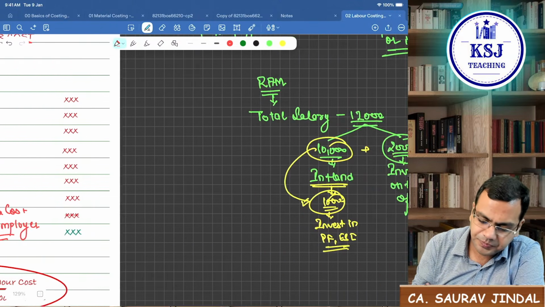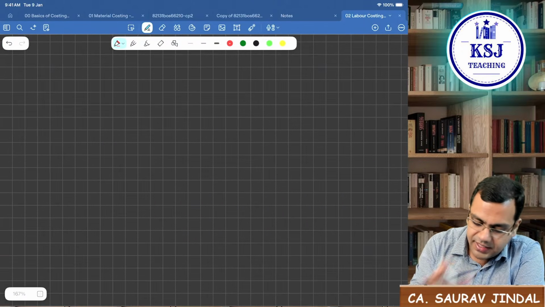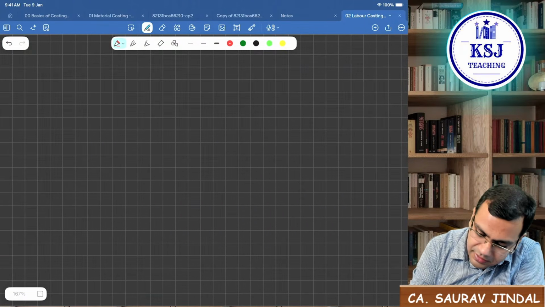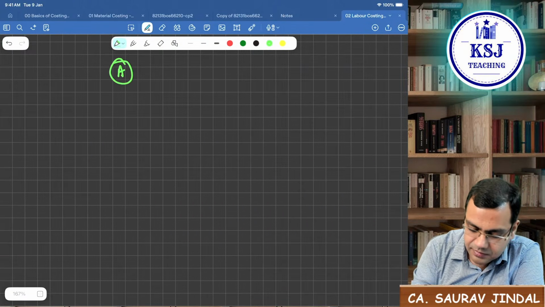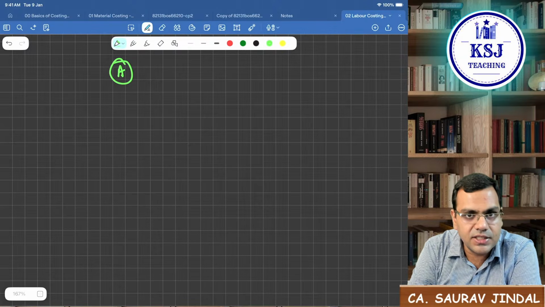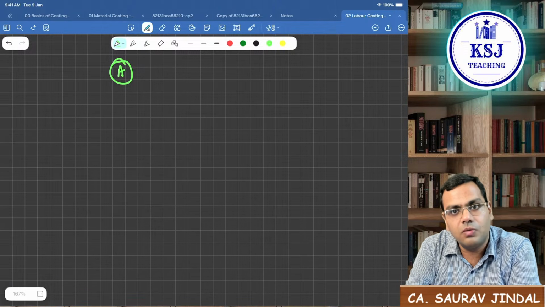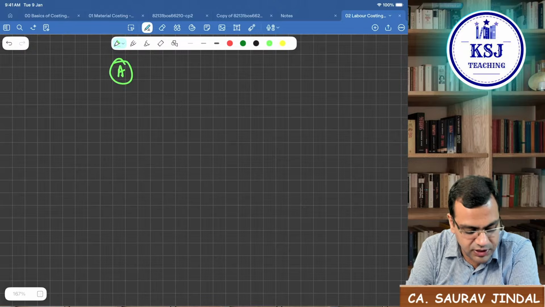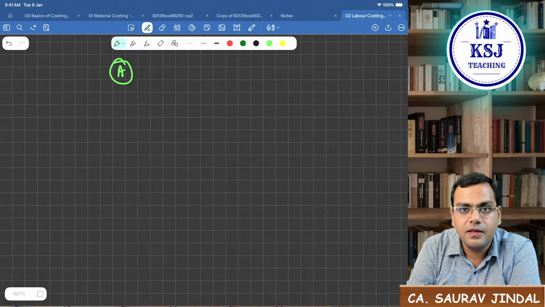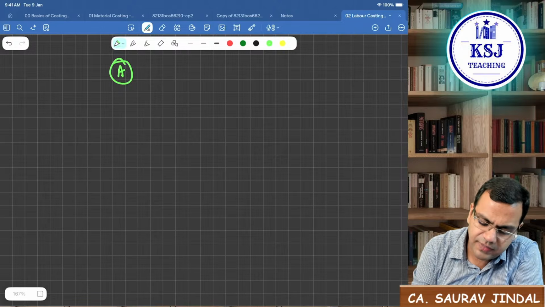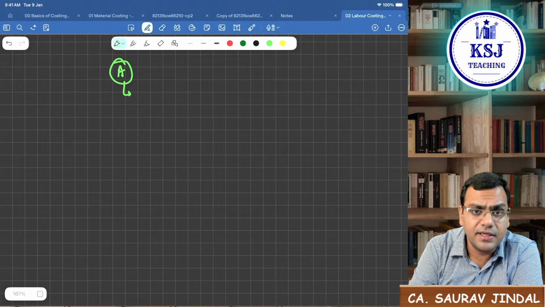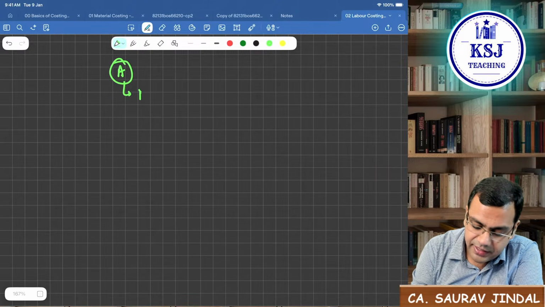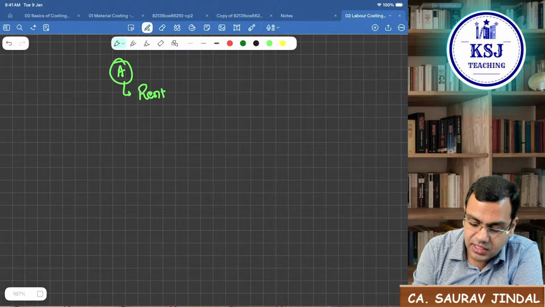Now, one thing. There is an employee A. He is from an outstation. He comes to the city and joins the job. The employer says, do one thing, you take a house on rent. The rent is 12,000 rupees.